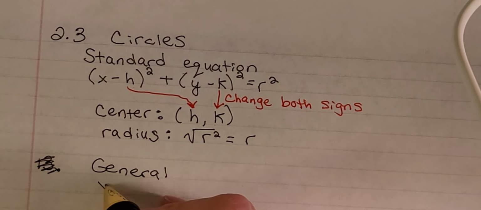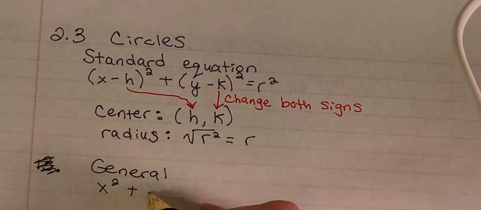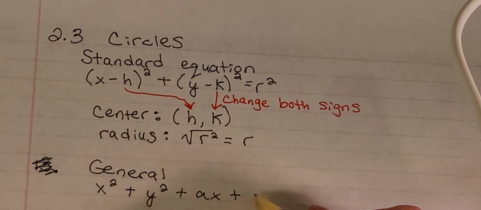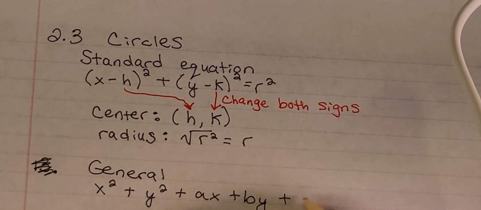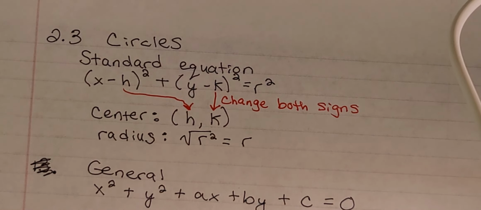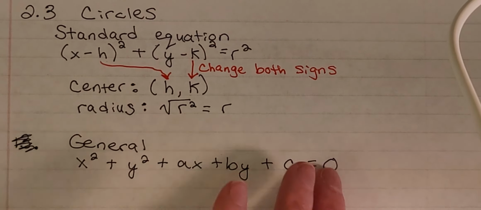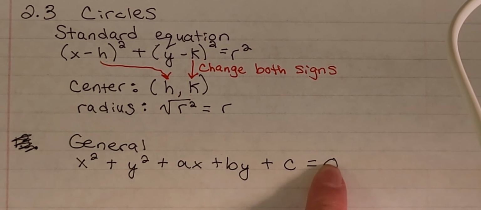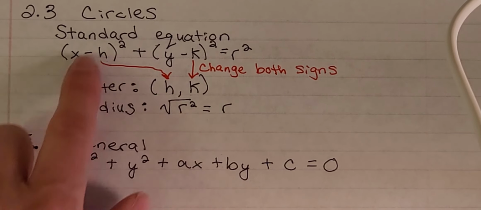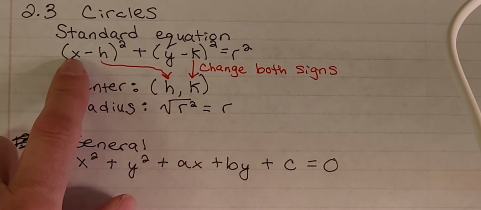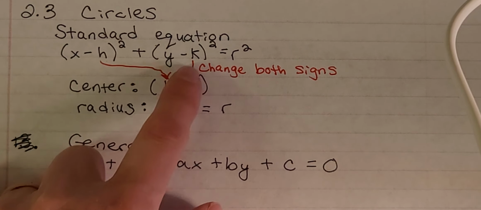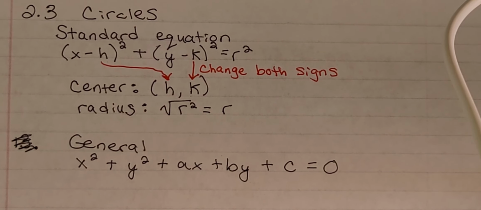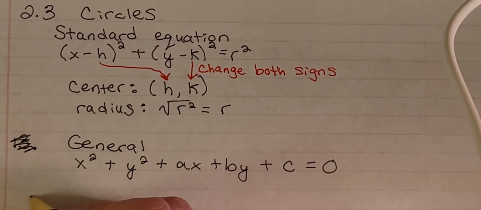So the general equation is x squared plus y squared plus ax plus by plus c equals 0. So basically you just put all of the numbers and all of the variables on the left side and 0 is on this side. So if they give you this, you're going to have to FOIL both of these and subtract that over to the other side. All right, now I think we have enough information to do question 13.